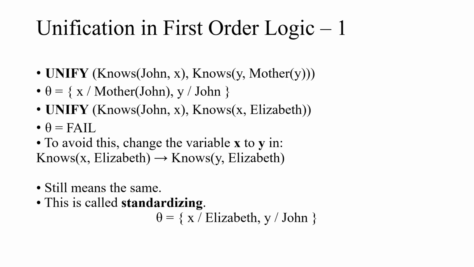This is why we can solve it with the standardizing technique. When we get different names, we can proceed with the standardizing technique. But if the same name occurs, the condition will definitely fail, and we cannot proceed with the standardizing technique. So this is the basic overview of first order logic. So thank you.